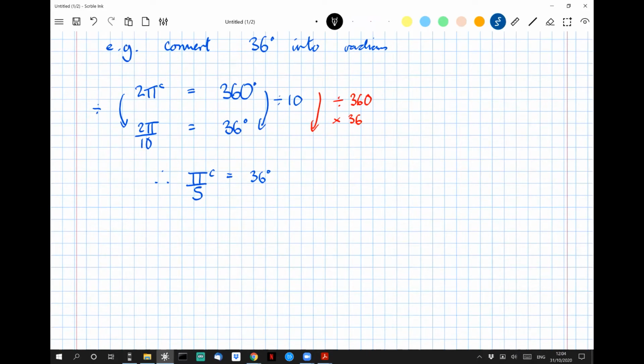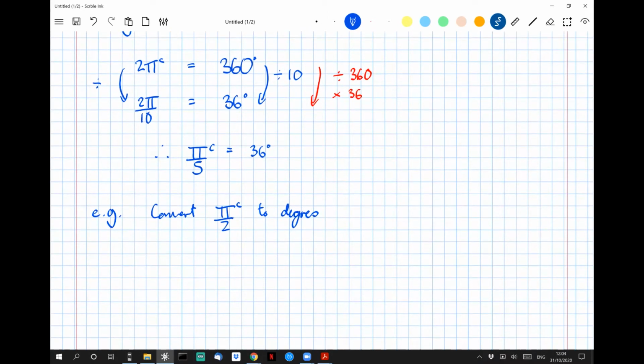So let's do another one. That's converting from radians to degrees now, e.g., convert pi over 2 radians to degrees. Pi over 2 radians to degrees. So do it yourselves. I'll give you a moment and I'll write my answer down in a second.